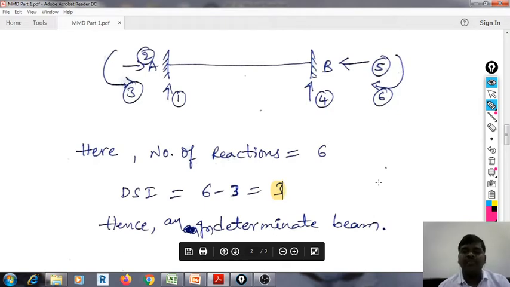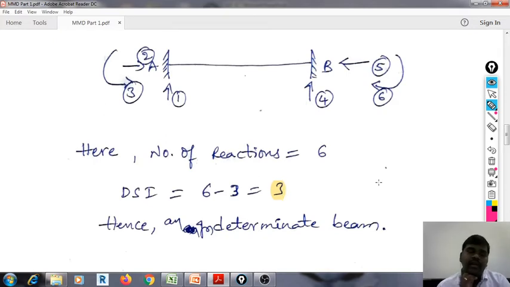This type of beams, for example the fixed beam, continuous beam, and also propped cantilever beam, are the beams in regular use for any type of construction, like a girder or a small beam, whatever it may be.